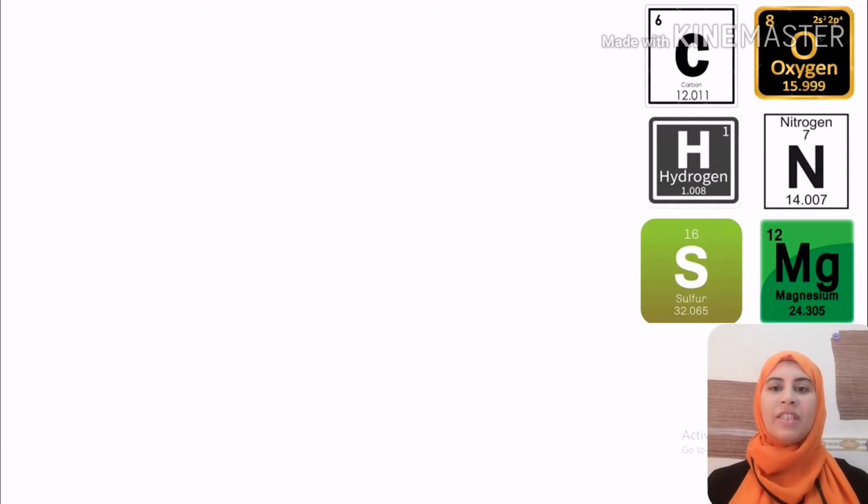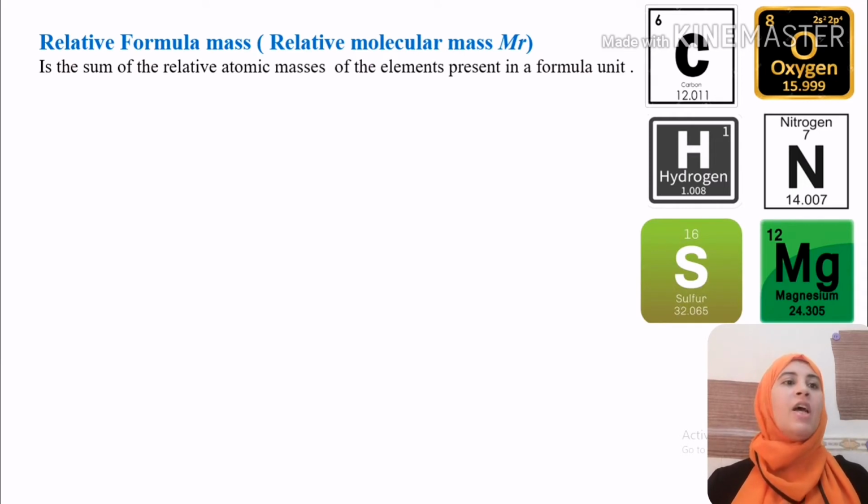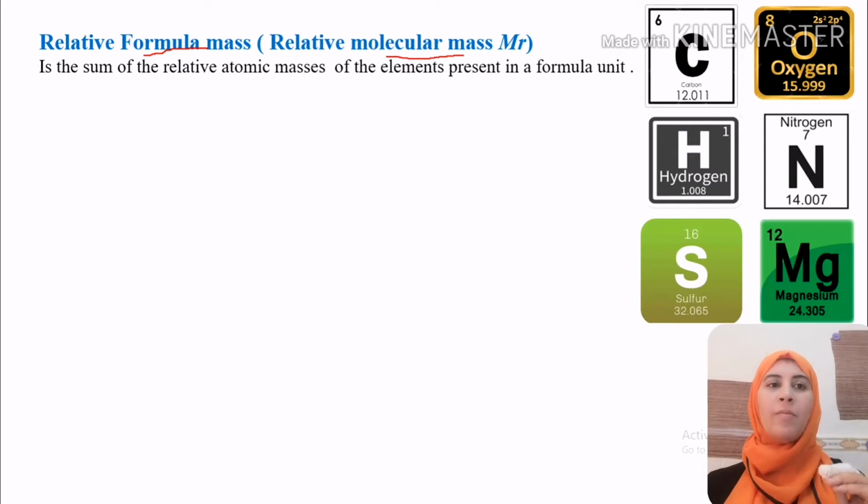We have different elements from the periodic table, and we will see that the relative formula mass, or relative molecular mass, Mr, is the sum of the relative atomic masses of the elements present in the formula unit.